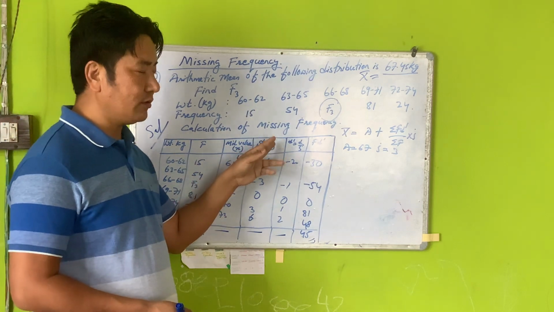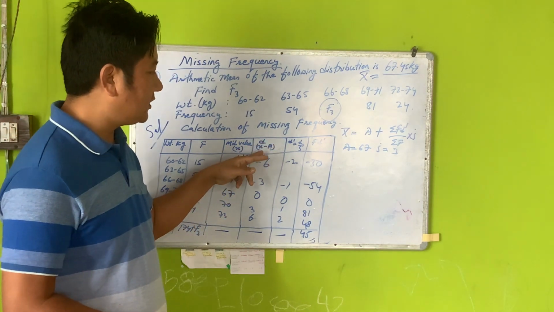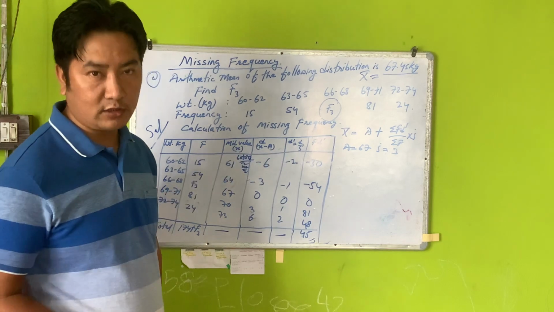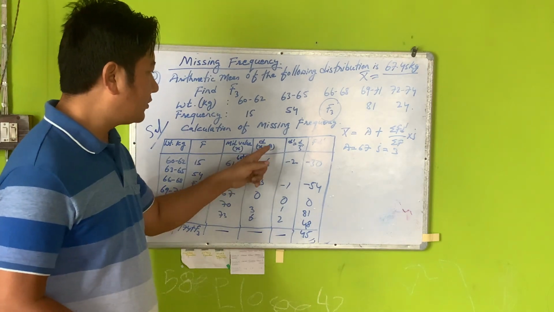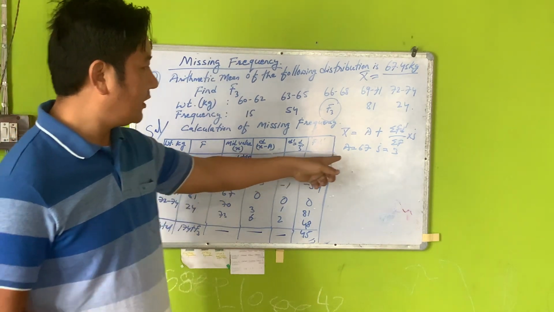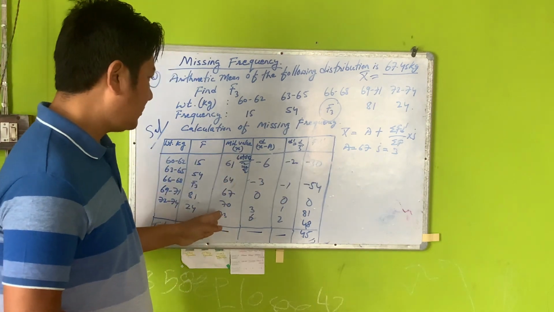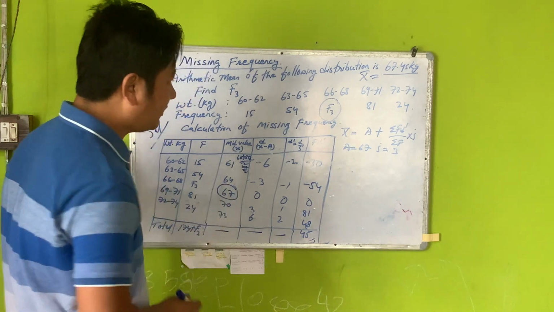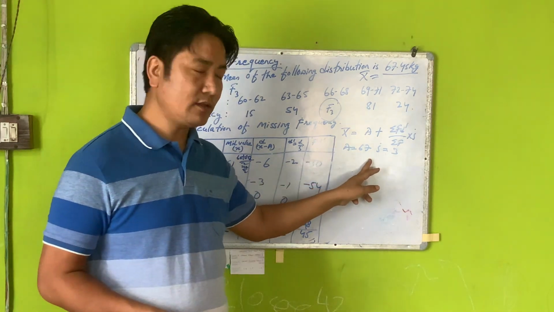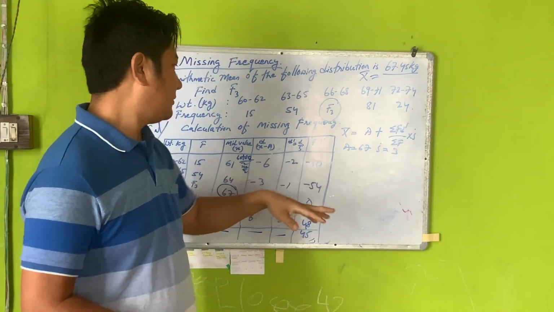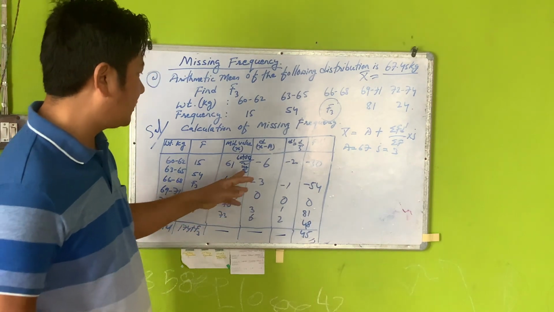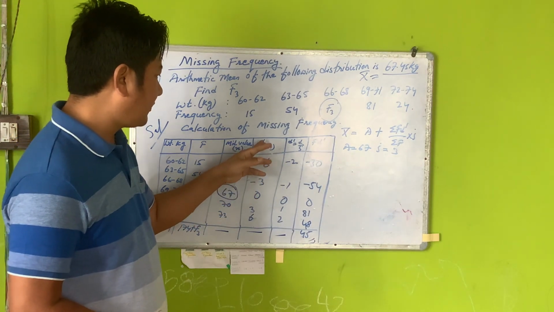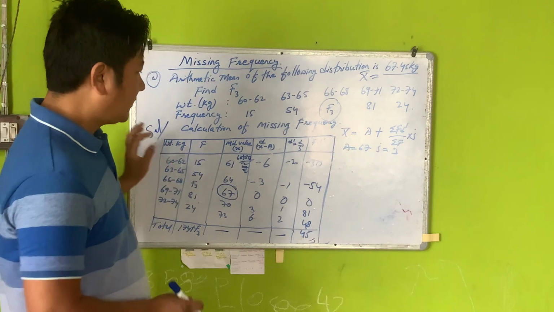Then d, of course, you have to find d. D is x minus a, you already know that. So a you have to assume. Let us assume any one from here. I have assumed 67 as your assumed mean. Since 67 is the assumed mean, you have to find d for every value.